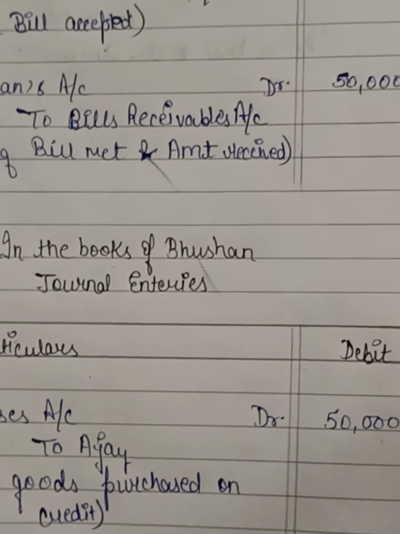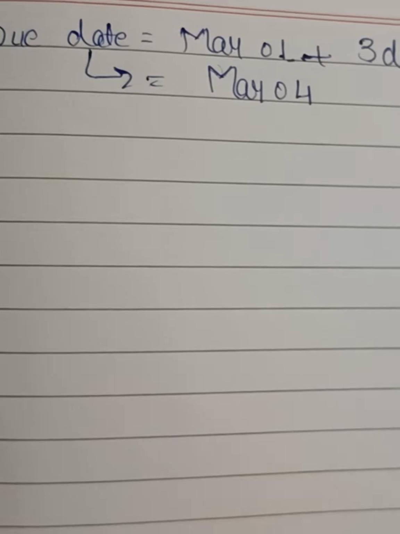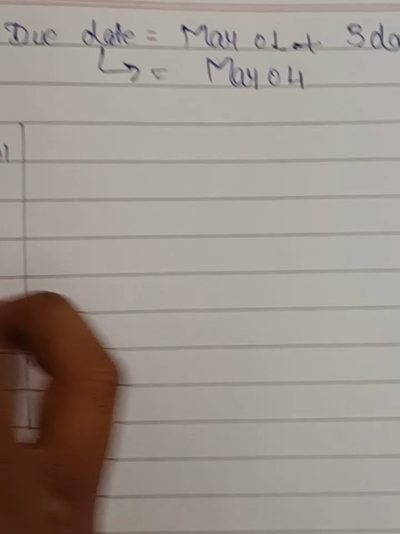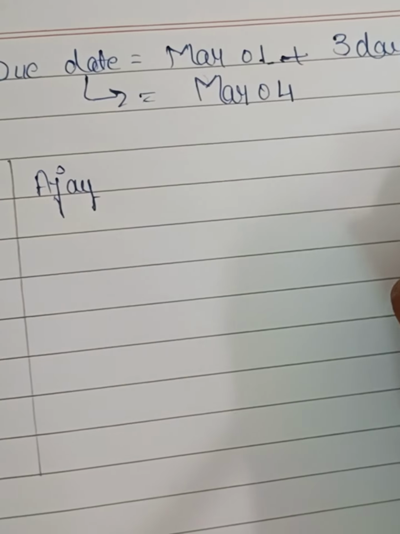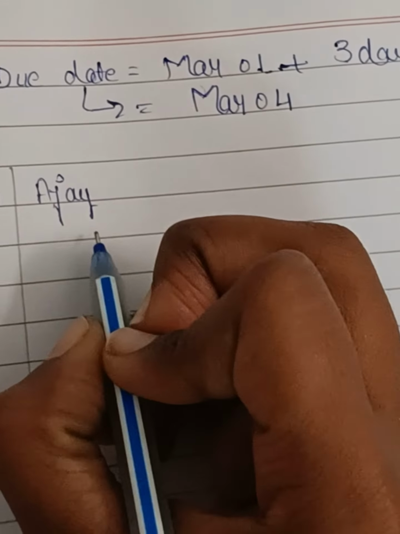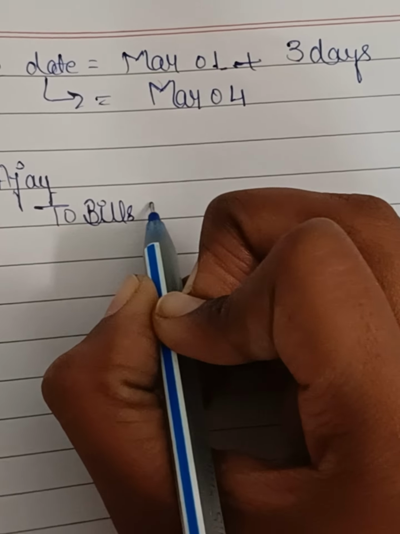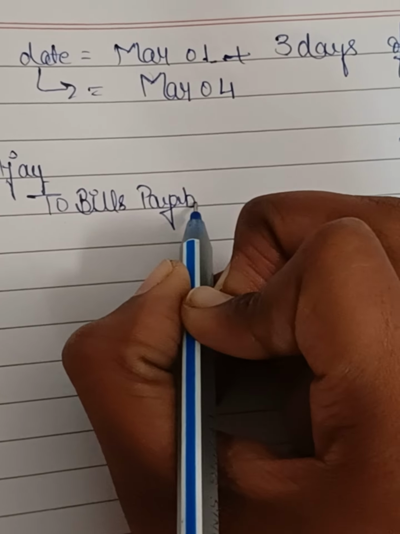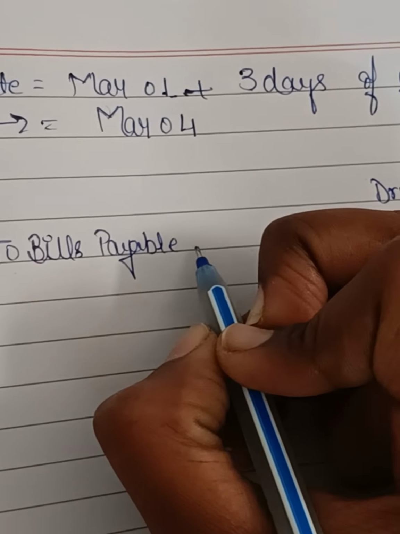Okay, what next? On the same date he is giving the bill to Ajay. So who is the receiver? Ajay is the receiver. Ajay is receiving the bill. Ajay debit 50,000 to bills payable. Why are we writing bills payable on the credit side?